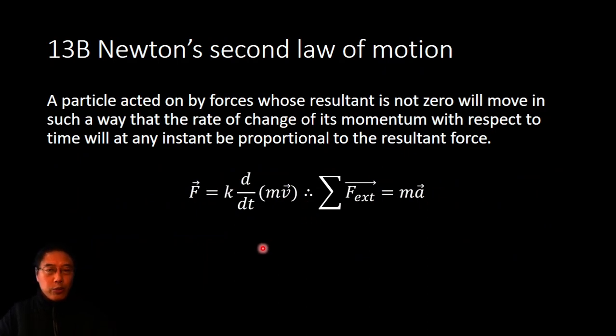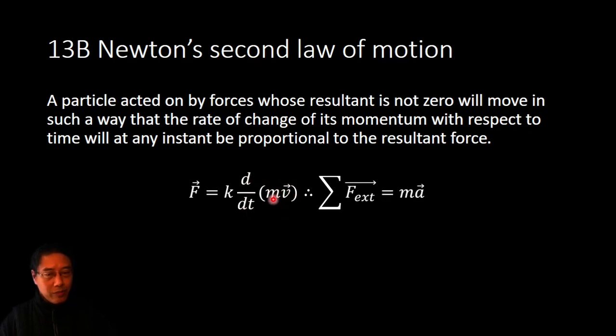Alright, the second law of motion, and I prefer that version of it, and I'll explain in a second. If you have a resultant force, which is again a vector, so it's a sum of applied forces on the particle, and it's not zero, what you can say is that the particle moves in such a way that the rate of change of its momentum is, at any instant, proportional to the resultant force.